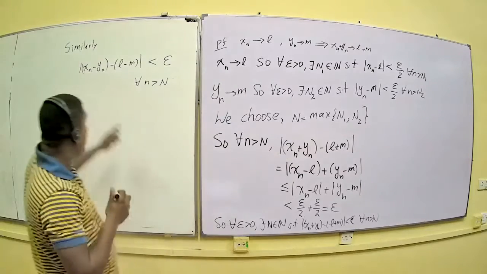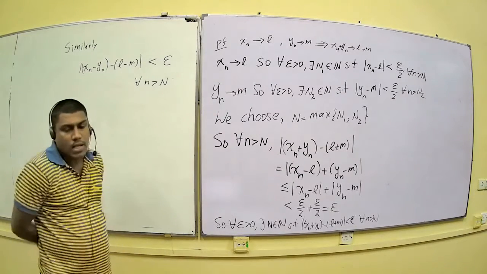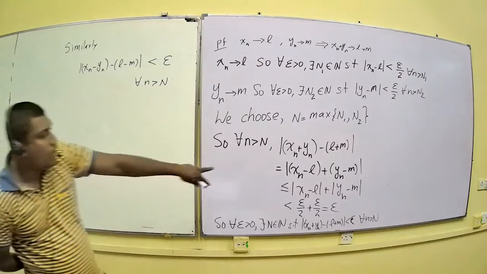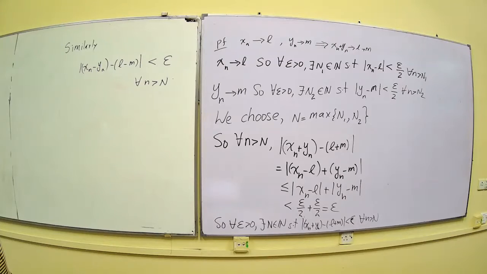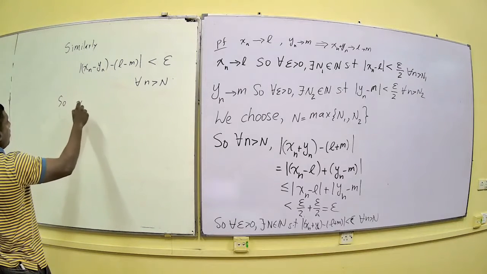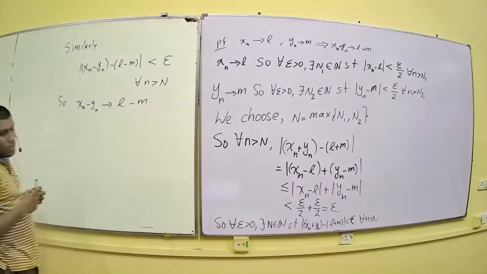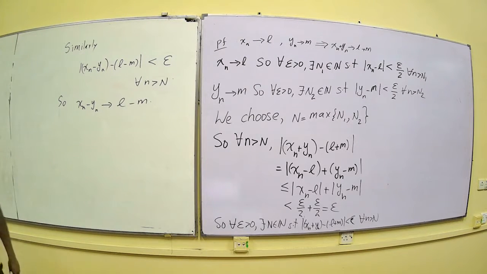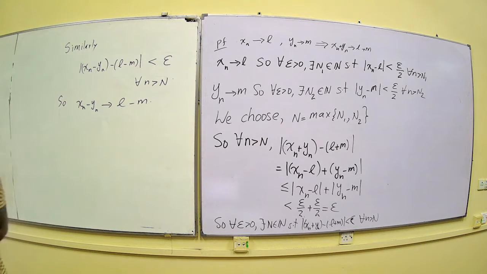For the same N, you can easily see that |xn minus yn minus (L minus M)| is less than epsilon. Similar kind of triangle inequality will come. It's just triangle inequality, and that says this is less than epsilon. So from this, you can also prove that xn minus yn will converge to L minus M as well.